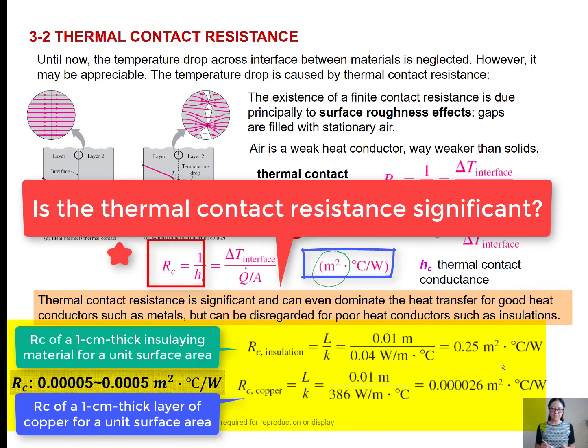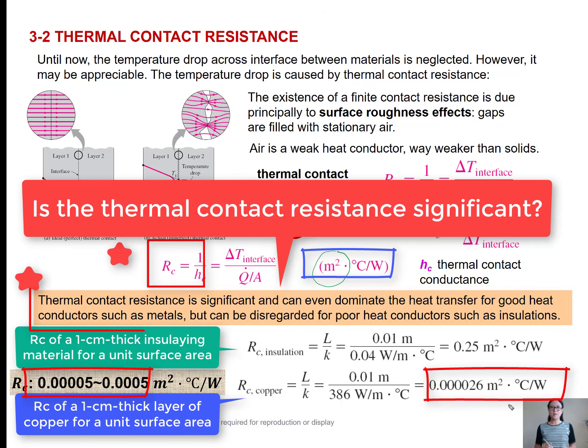Now let's calculate the thermal resistance of 1 centimeter thick copper. Thickness divided by thermal conductivity. And this is the magnitude. Apparently, the magnitude of thermal resistance in copper is comparable to contact resistance.